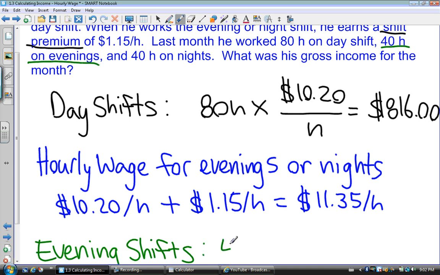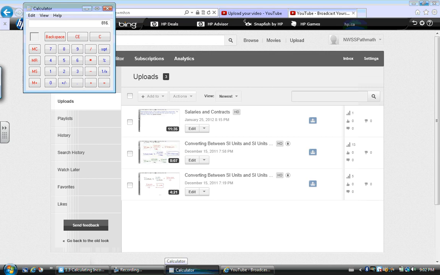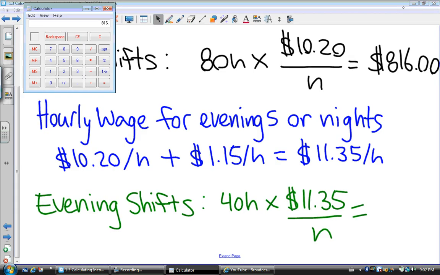So I can say that he worked 40 hours at a rate of $11.35 per hour. And when I plug that into my calculator, we have 40 times 11.35, $454.